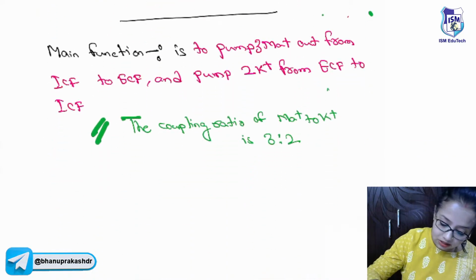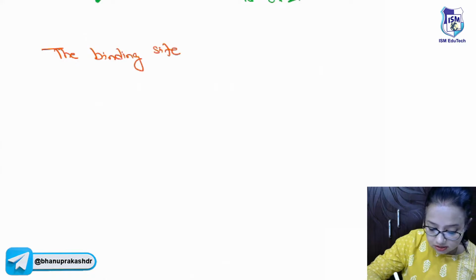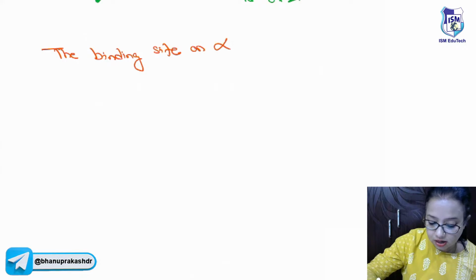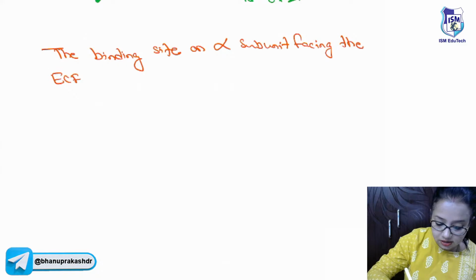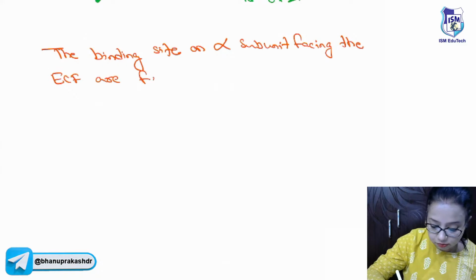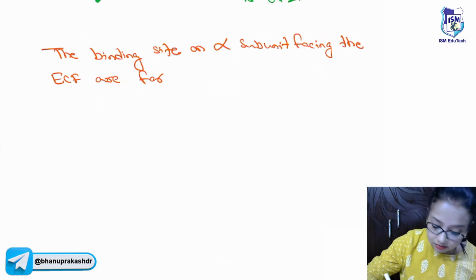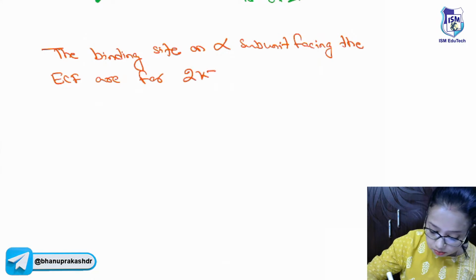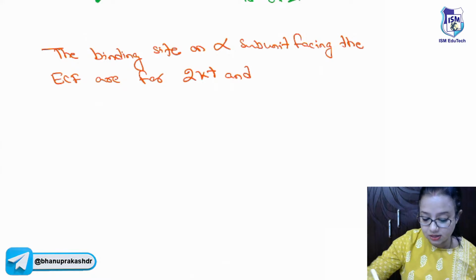So if we write it down, the binding sites on the alpha subunit facing the ECF are for two potassium molecules and the ouabain.